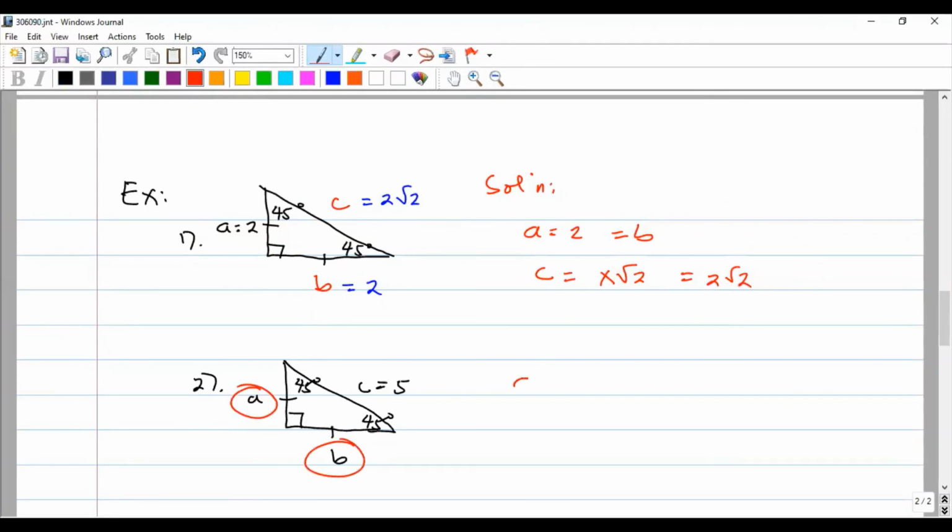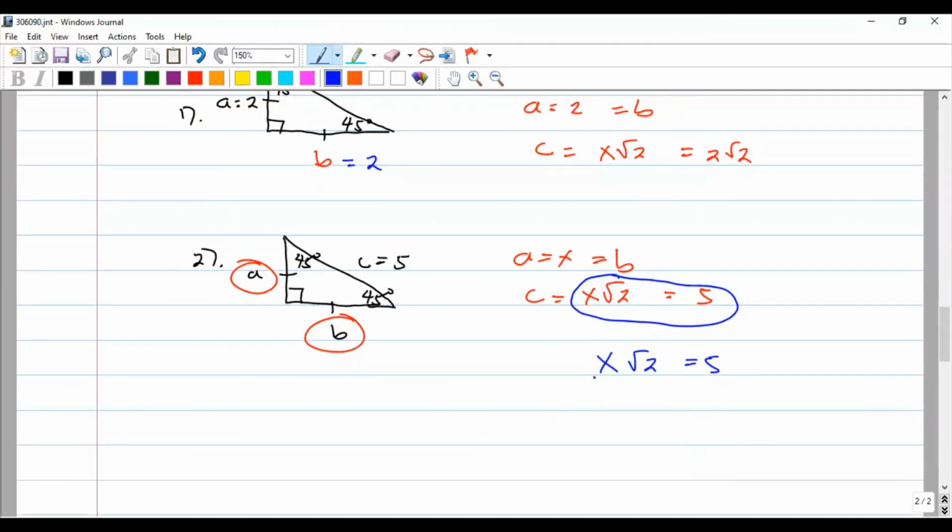Again, A is equal to X, which is equal to B, and therefore C is equal to X square root of 2, which is equal to 5. So since our unknown is the value of X, we can make use of our equation here. X square root of 2 equals 5.